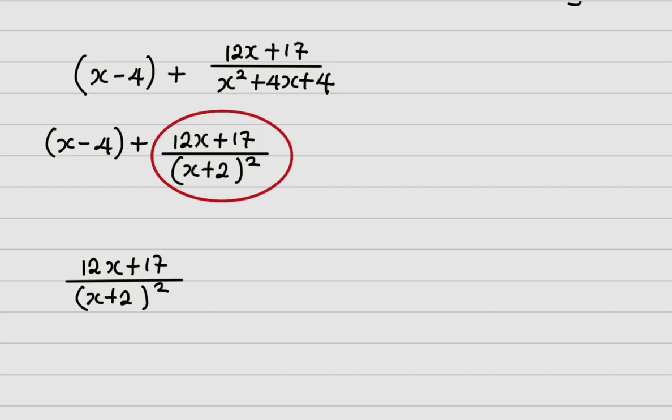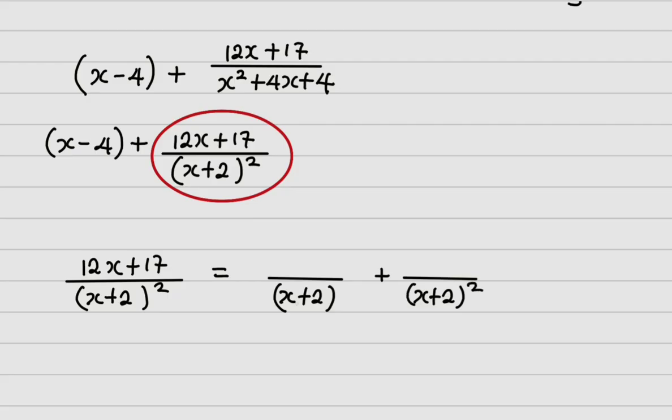Then I will take care of the second issue, which is the repeated linear denominator. Now, this is how I'm going to work it out. I have x plus 2, then plus the next denominator, which is x plus 2 all squared. This is how we actually analyze it.